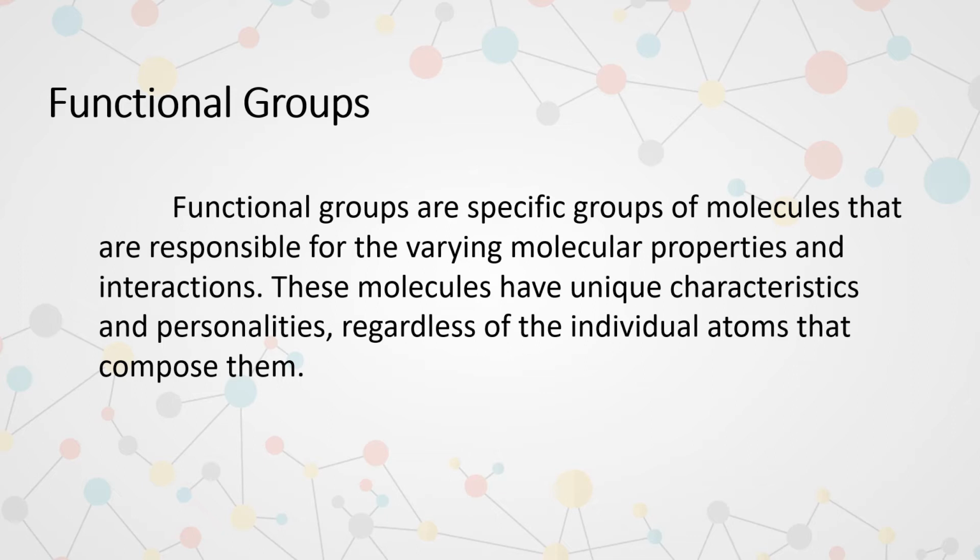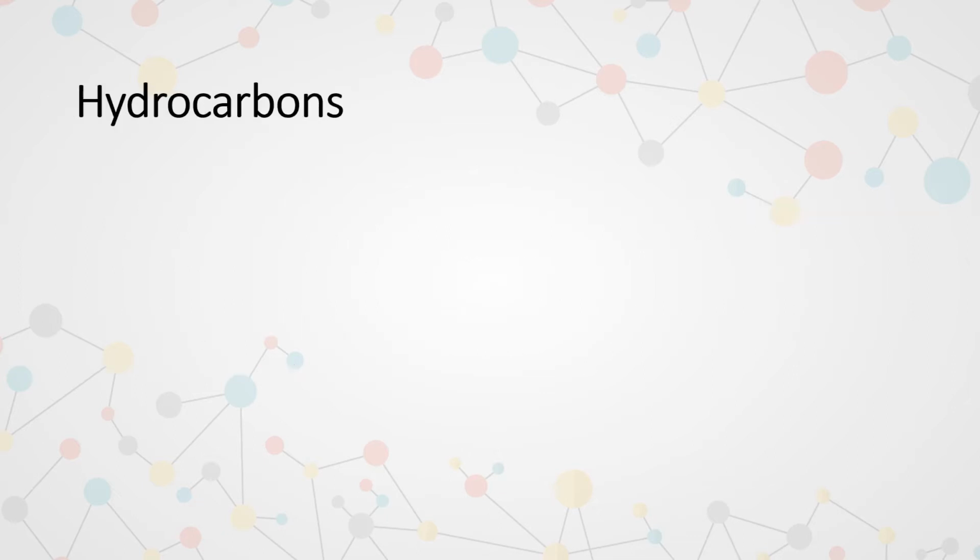But since carbon can attract other elements, aside from carbon there are different elements that would attach to the carbon. For that reason, it makes different kinds of compounds. And these different kinds of compounds are grouped into what we call functional groups.